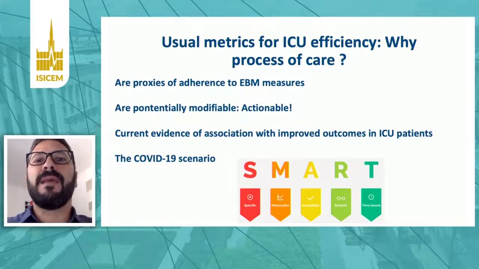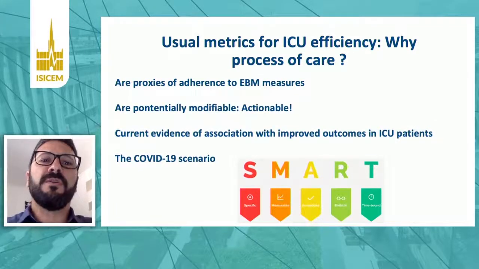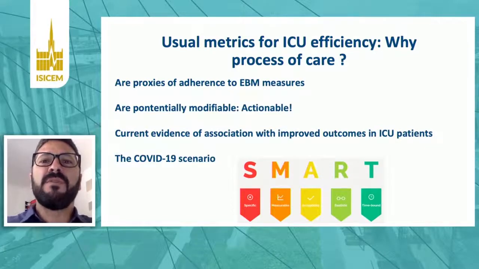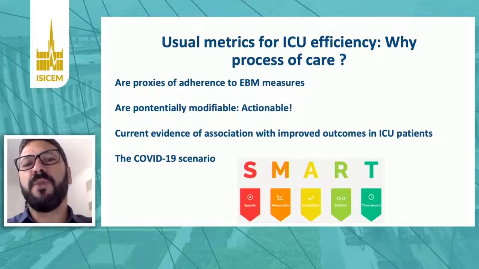That being said, it can be changed by changes in the process and changes in the interventions that are practiced in the intensive care unit. Also, there's current evidence of strong association of adherence to process of care measures and improved outcomes for ICU patients.